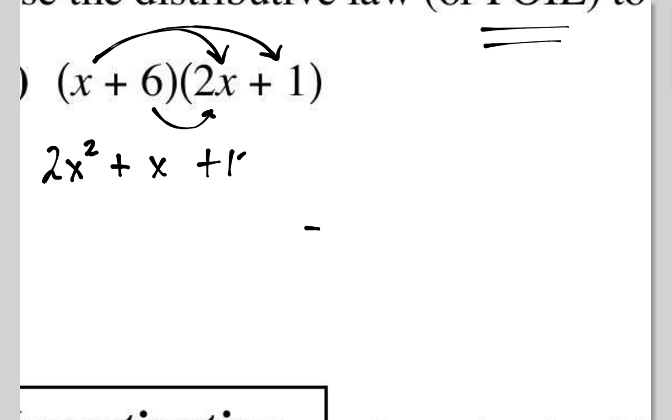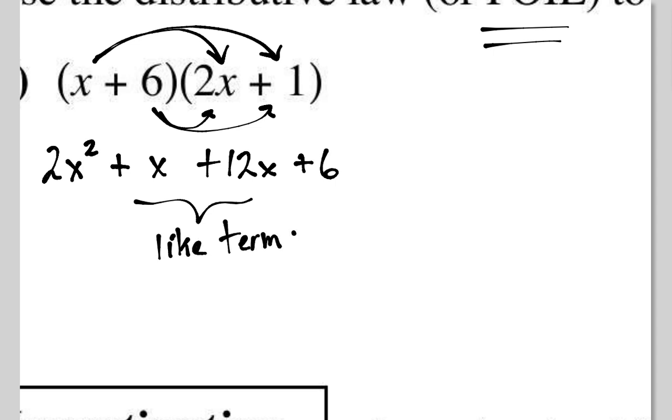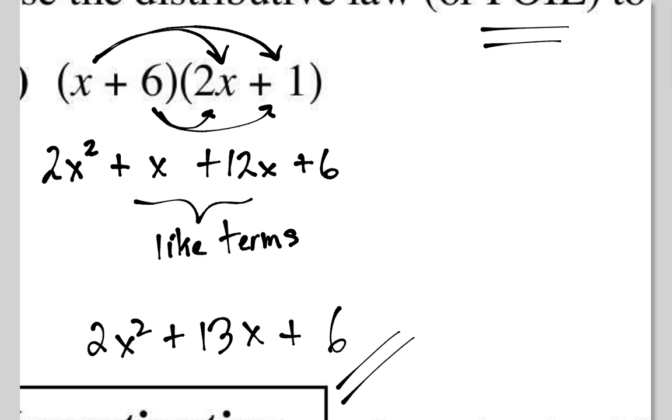So you get a 12x and 6. Are you guys okay with what I just did there? 6 times 2x and 6 times 1. Am I done? Do you guys see any like terms? Okay, here's some like terms. So you get a 2x squared plus a 13x plus a 6. And you're done there.